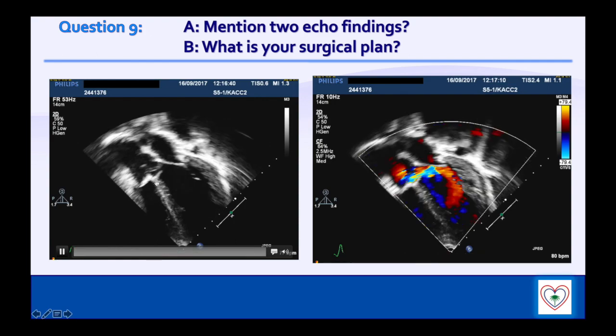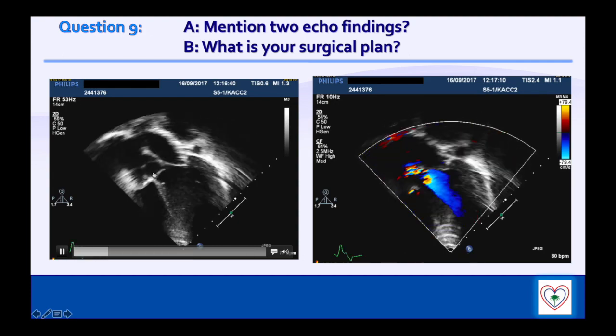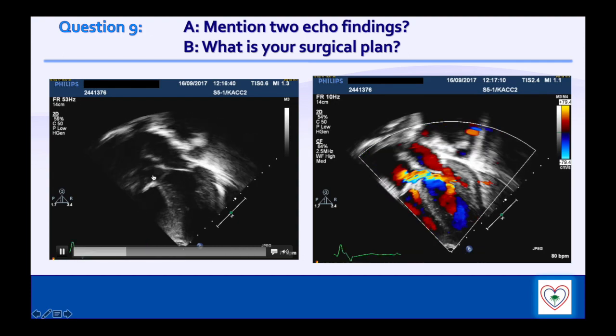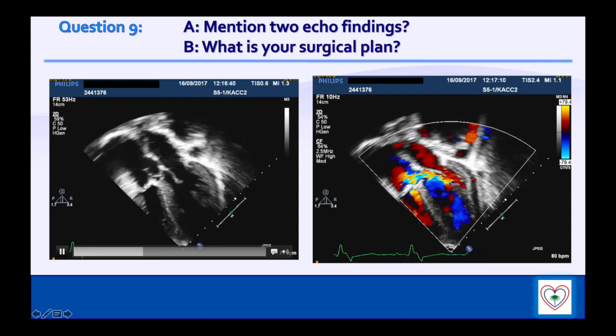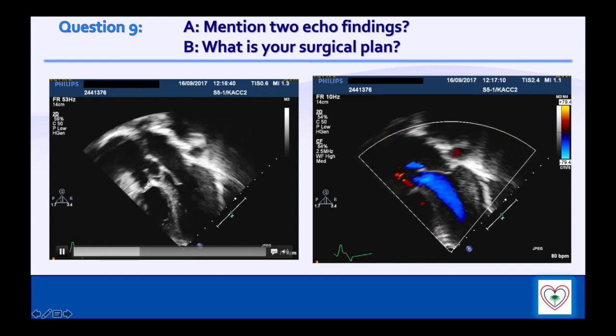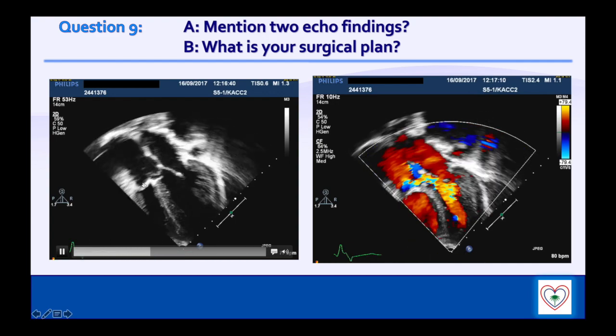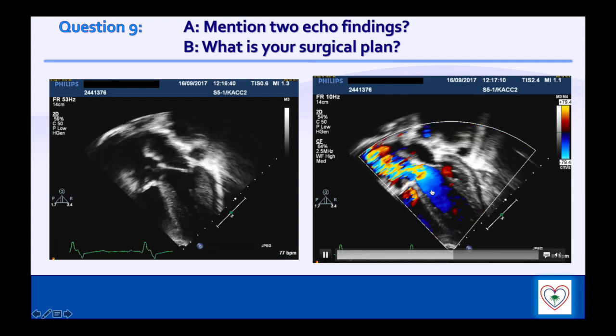You can see here there is a subaortic membrane, and this subaortic membrane is in close relation with the aortic valve. Also, the aortic valve here is overriding the septum, and most likely there is aortic valve prolapse into a VSD, which we will see on the other view.